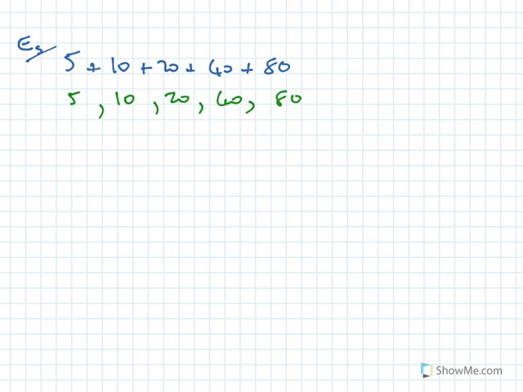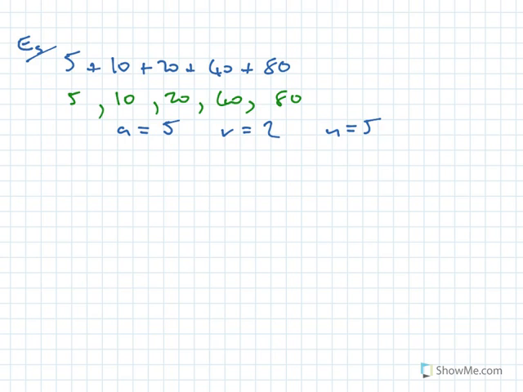Then thinking about what sort of sequence is it? Is it geometric or is it arithmetic? In this case it's geometric, and we know that a is going to be 5. We can see that the common ratio is times by 2, and we can see that n is 5. It's 5 terms, common ratio is 2, the first term is 5.